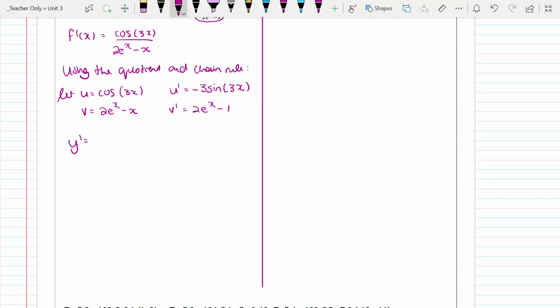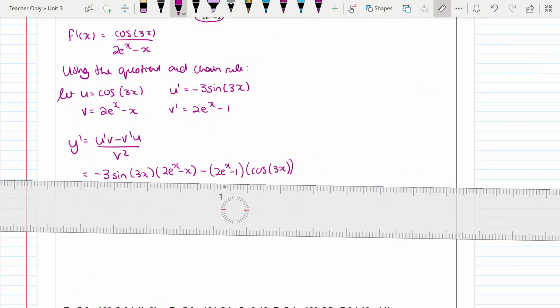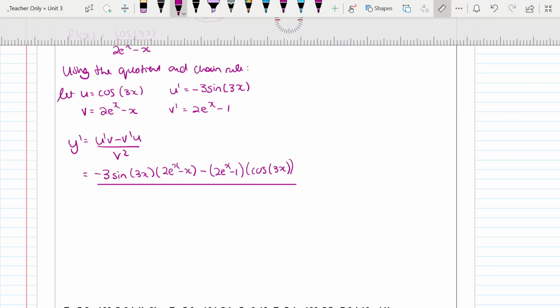Alright, so my derivative is u dash v minus v dash u over v squared, and that will be negative 3 sine of 3x multiplied by 2e to the x take x minus 2e to the x take 1 cos of 3x divided by 2e to the x take x all squared.